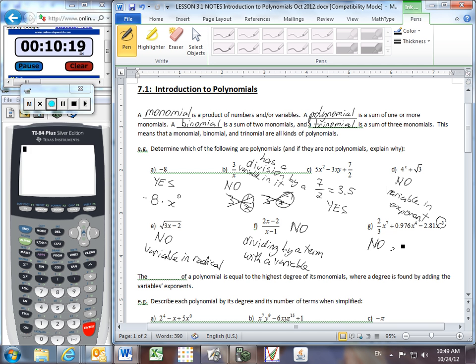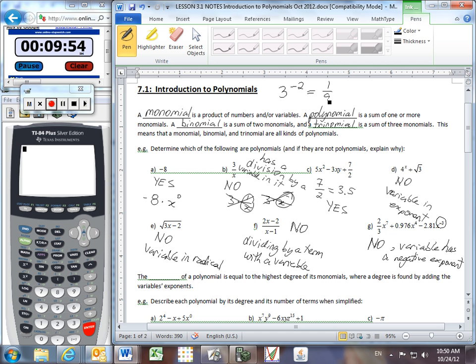So no, and we'll say that a variable has a negative exponent. So you can't have a variable in the exponent, and we can't have a negative exponent of a variable. However, something like 3 to the -2, that's no problem, because that's simply expressible as the number 1/9. And we're allowed to divide by a number. It's still a polynomial in that situation.